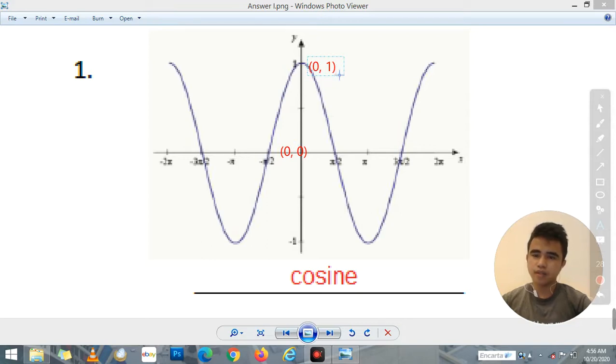That's why it will give us a coordinate 0, 1, wherein our curve passes through. Therefore, we can say this is a cosine function. So this curve is a cosine function.